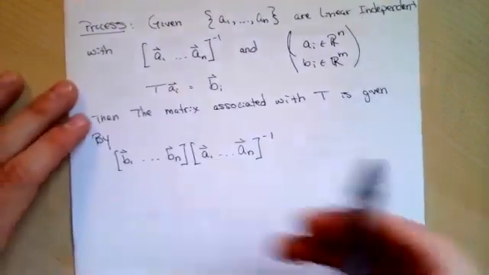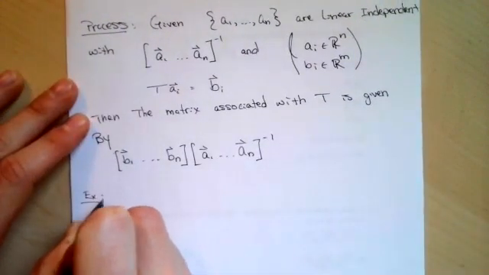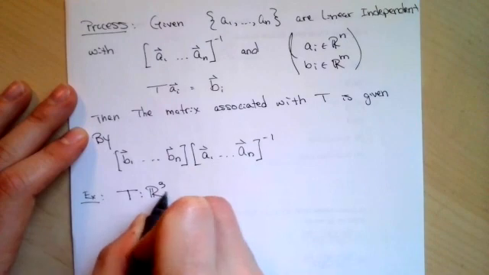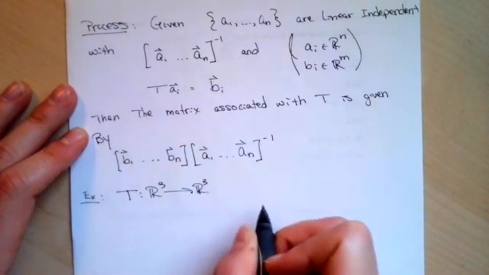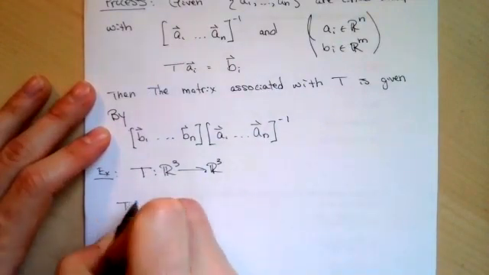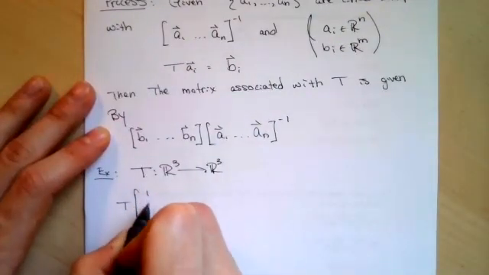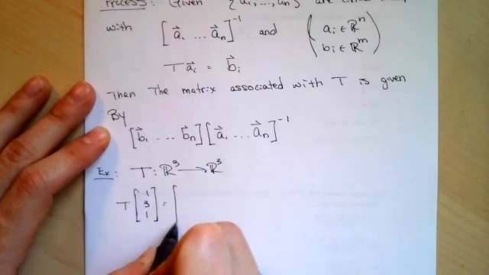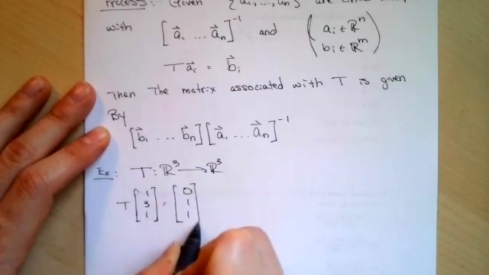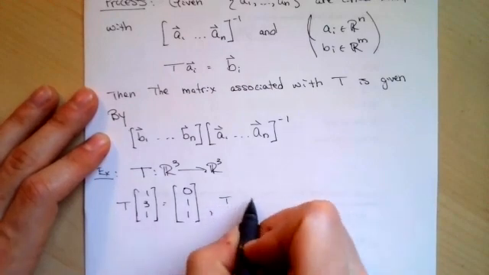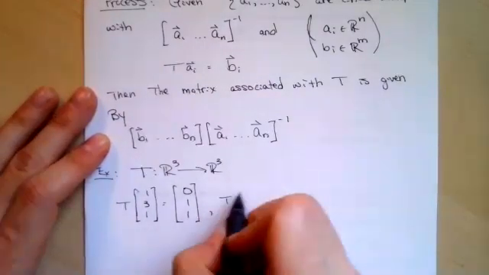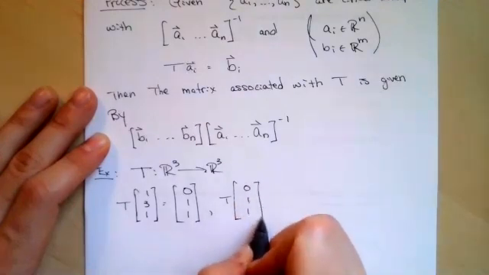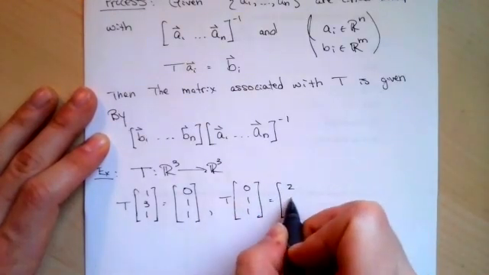So for example, let's do one in 3 dimensions. So we've got T of 1, 3, 1 is 0, 1, 1. T of 0, 1, 1 is 2, 1, 3.